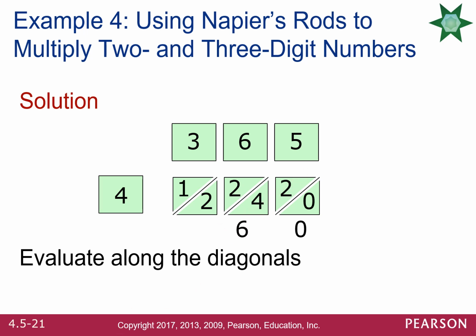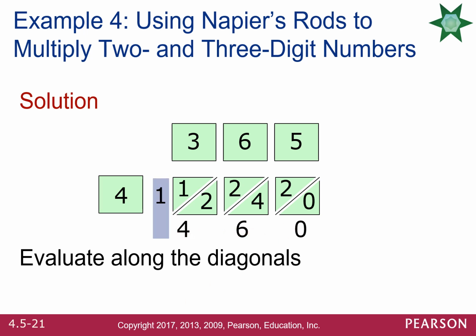So 4 plus 2 is 6. Next will be 2 plus 2. 2 plus 2 is a 4, and then we will have the 1, again a single value here, so that will be a 1. And therefore the end result will be 1 4 6 0.